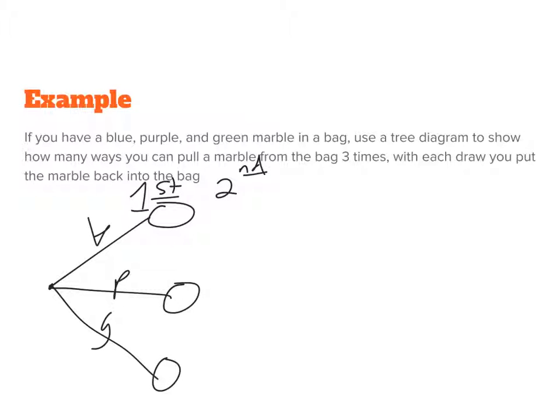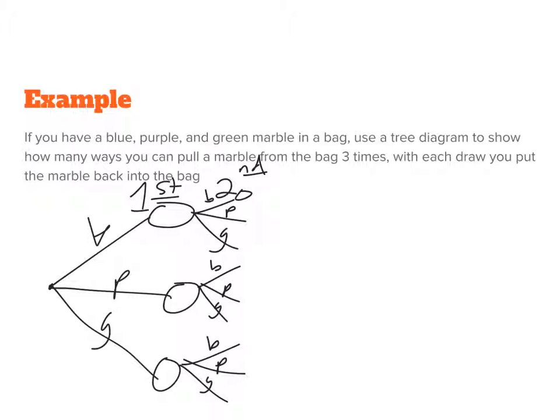For the second draw, we have another 3 choices for each one. There's blue, purple, and green, and that's going to go for all 3 of them. So now we've got these ones here.